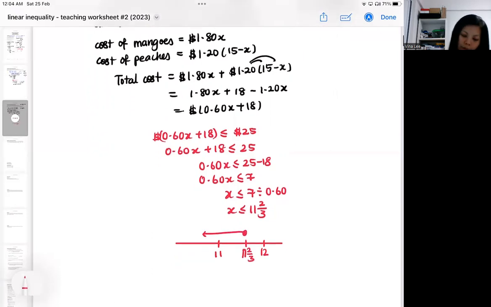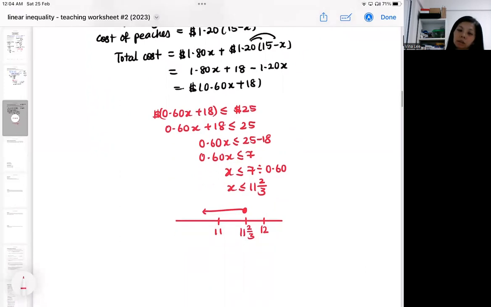When you draw your number line, of course, you have to choose the nearest whole number, because the number of mangoes doesn't come in halves. So it has to be a whole number. So from the number line, x is 11. So to answer the question, the maximum number of mangoes that she can buy is 11.